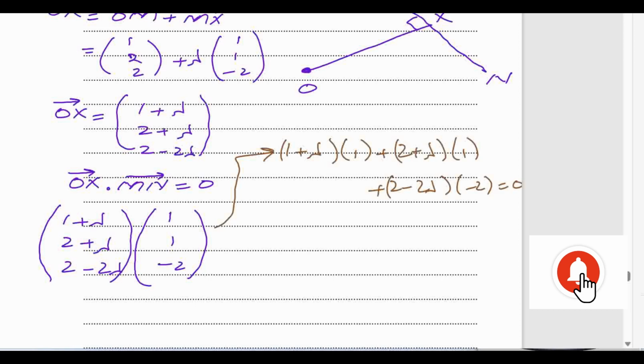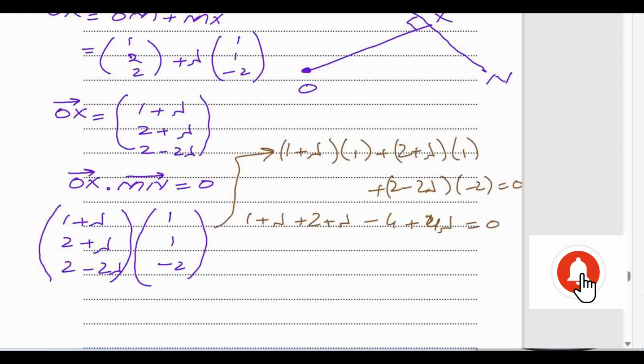Now this will be 1 + lambda + 2 + lambda, and then minus 4 + 4 lambda is equal to 0.